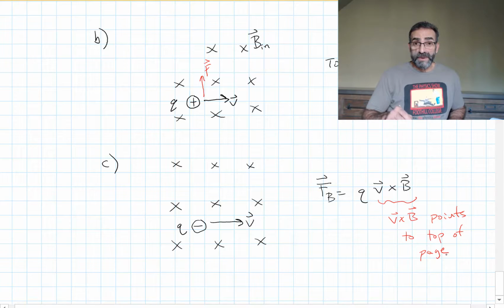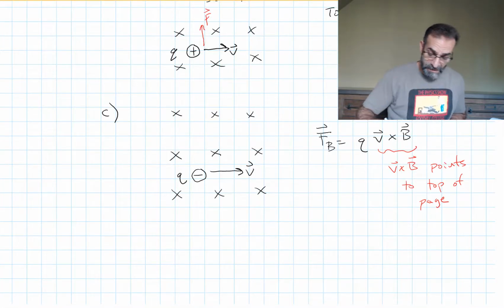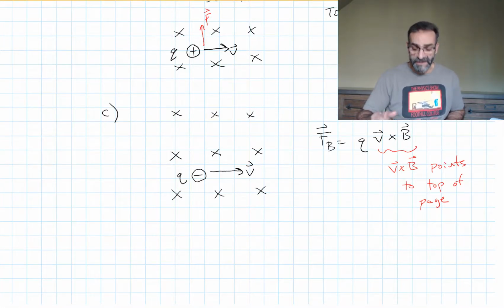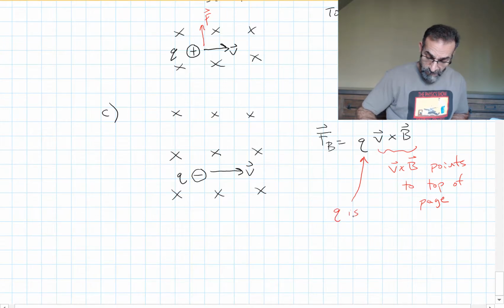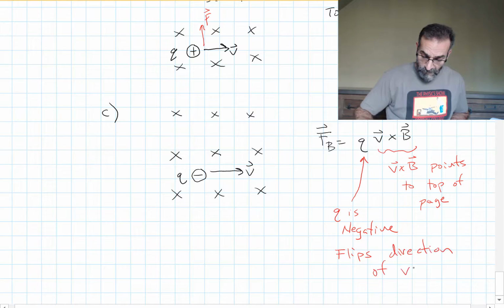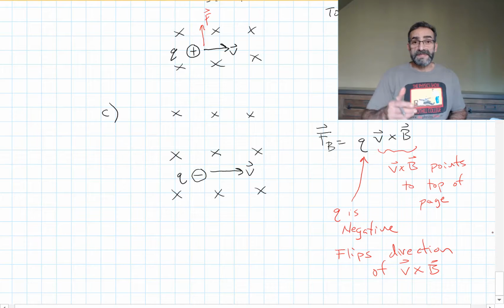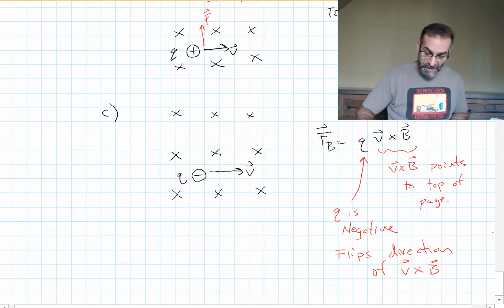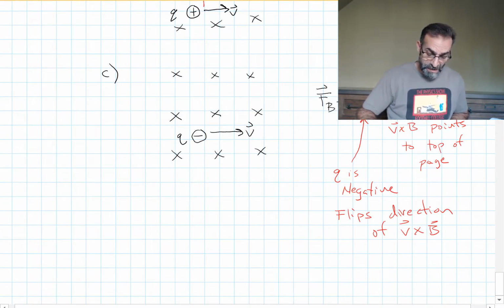But in order to get the force, we multiply by Q. And now we're multiplying by a negative number. And what does that do to the direction of the vector? It flips it by 180 degrees. So when we multiply by a negative charge, it flips the direction of V cross B, and so this force is toward the bottom of the page.